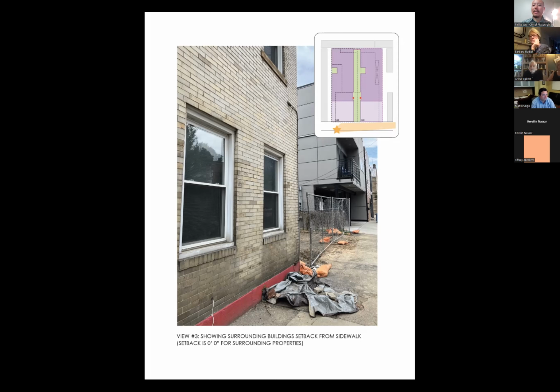One of the neighbors, Daniel Dingus, has his hand raised. Yes, can you hear me? Yes. I own 104 South 15th Street, which butts up against the back of the house there. I own the White House.